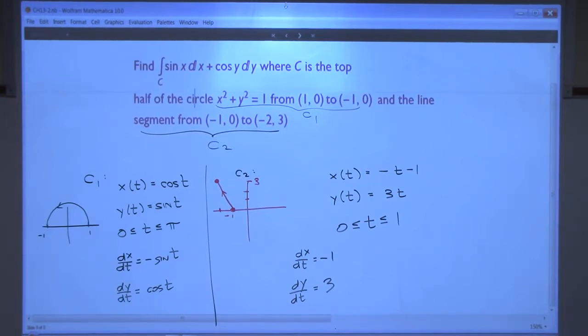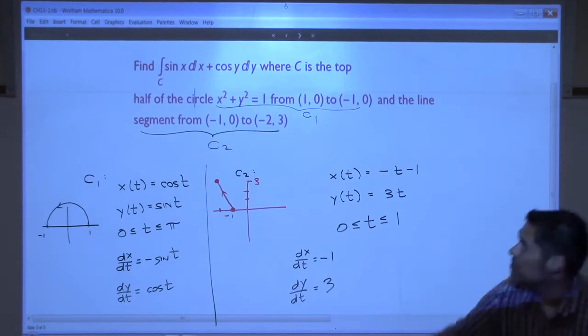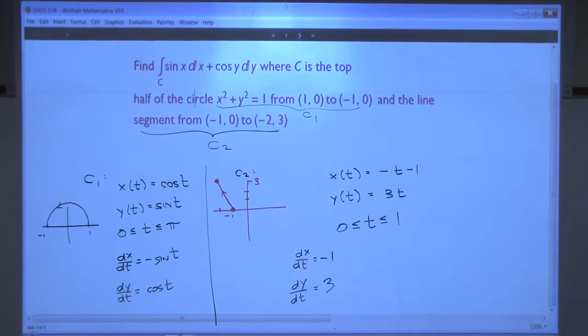No questions? Let's set up this integral, because notice that this line integral is a little different than the ones we've had, right? The ones we had were with respect to arc length.